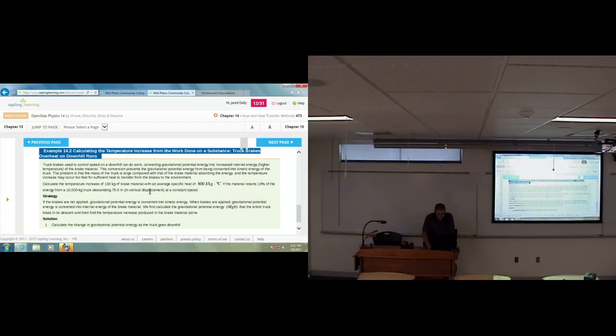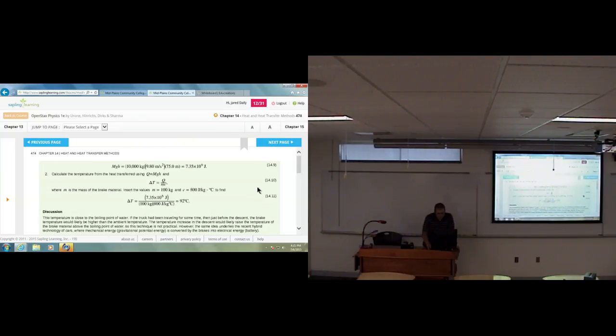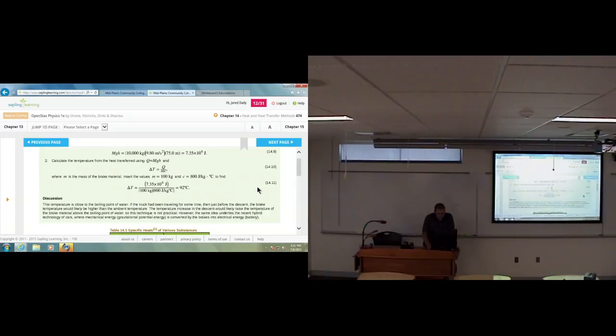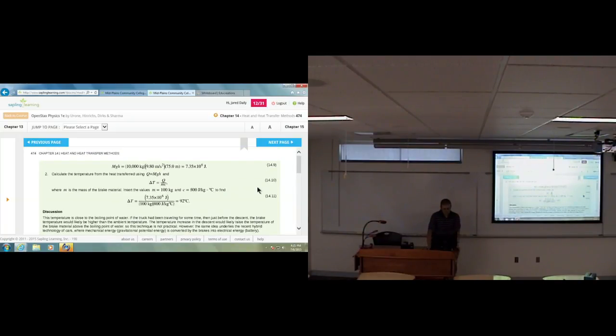If the material retains 10% of the energy, I'm not seeing where they are using only 10% of the energy. Oh, I forgot. Yeah, I don't know either.